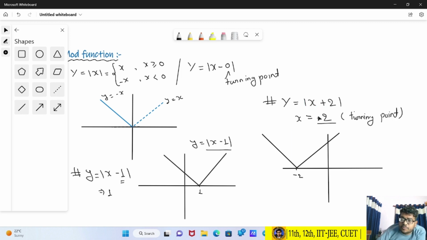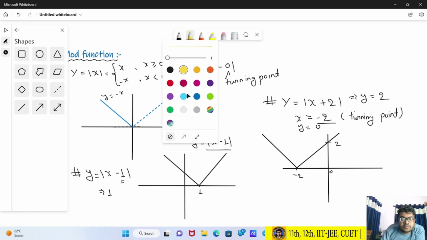If we put x is equal to minus 2, we get y is equal to 0, and when x is equal to 0, we get y is equal to 2. So this is the graph of y is equal to mod of x plus 2.